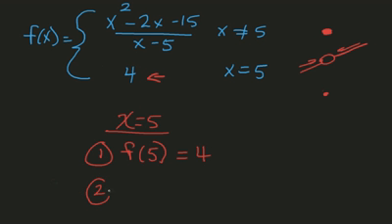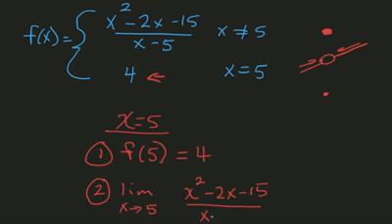Step 2, take the limit as x approaches 5. We don't have to do a piecewise or one-sided limit because this piecewise function is not an inequality-based piecewise function. So we just look at this guy and we plug in, and if you plug in you should get 0 over 0.